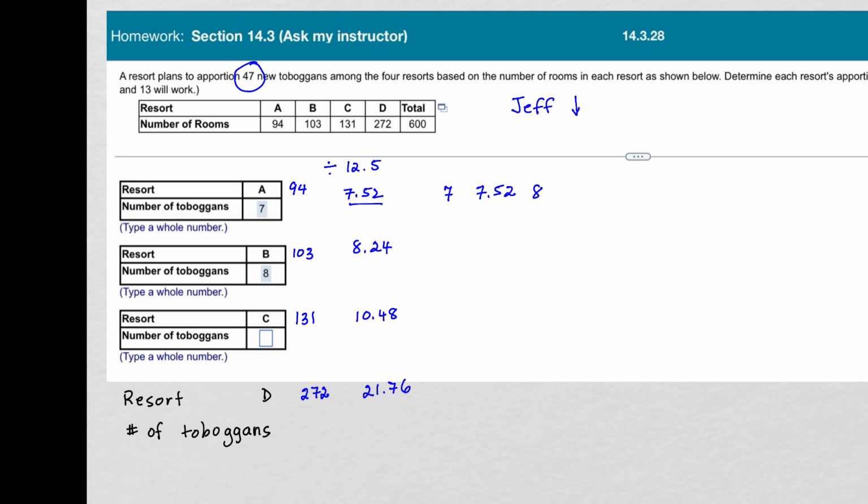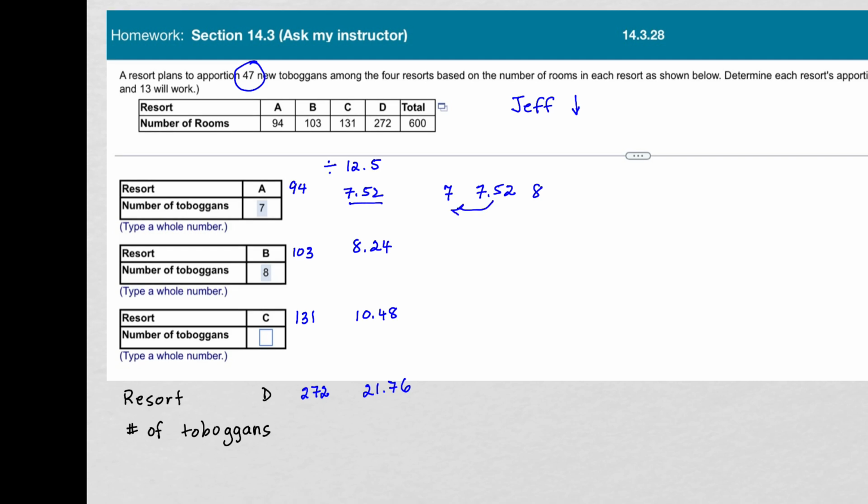So which way do we go? With Jefferson, we always go in this direction. If it was Adams, we'd always be going up to the next integer. And if it were Webster, then we would round normally. So in this case, if it was Webster, we'd also be going up. But because it's Jefferson, we're going down.